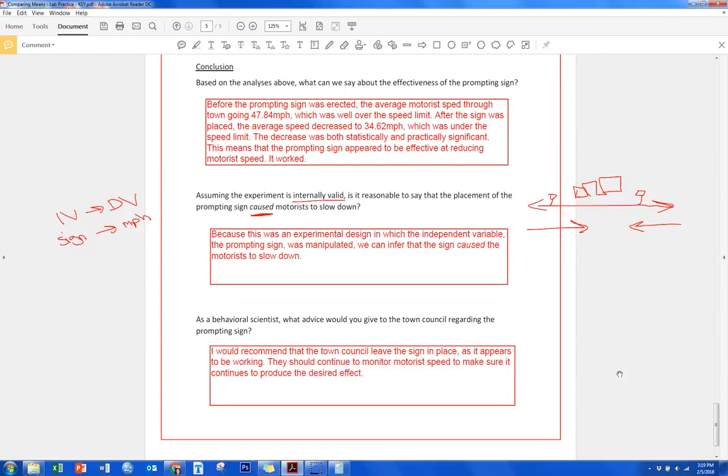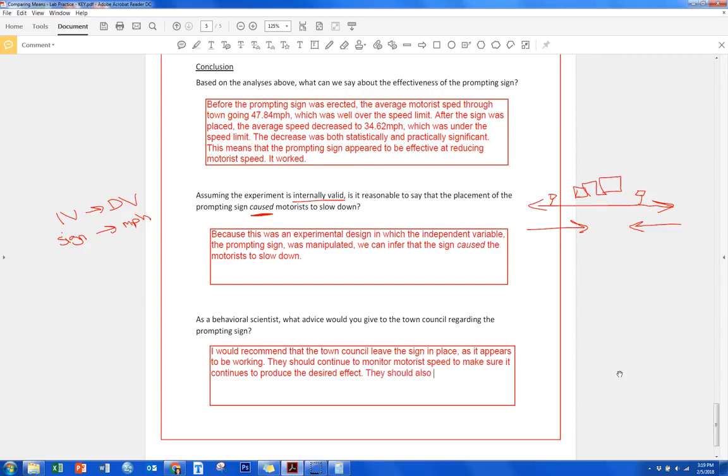It's possible that the same people might drive through the town and just kind of get used to it and start to ignore it after a while. Maybe because it's a new sign that caught their attention, but after they've seen it 100 times, they might start to ignore it. It's possible. Or this could be people from out of town driving through, and so they don't drive that often through this area. But then, it's a good idea to keep an eye on things, keep monitoring speed.